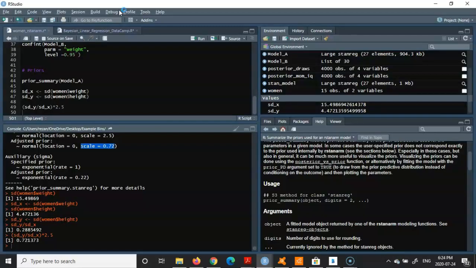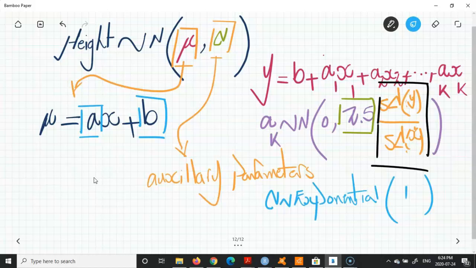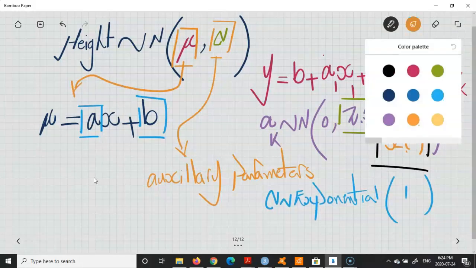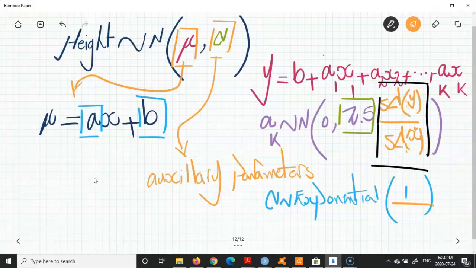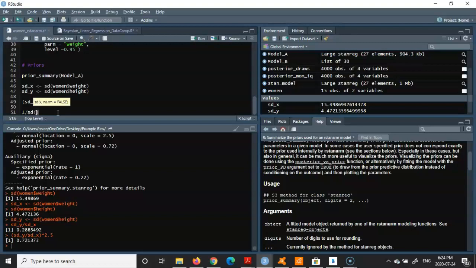However, when we go back to what we see over here, our adjusted prior for the exponential, although initially specified as an exponential with rate 1, is defined as an exponential with rate 0.22. You can see that the adjusted one is divided by the standard deviation of y. You can see what has happened here: it is scaled to 1 divided by SDY.